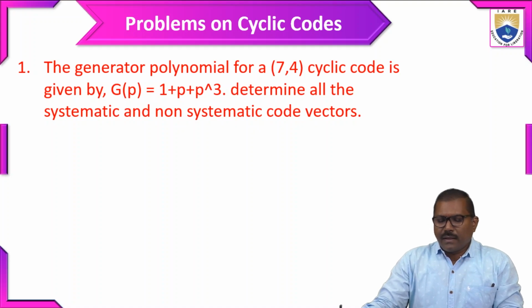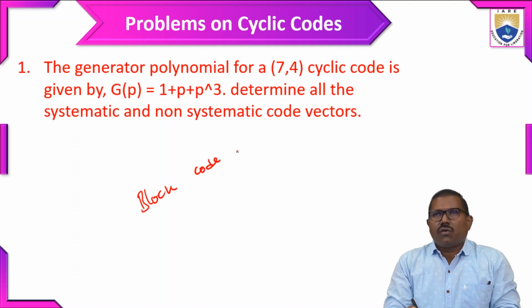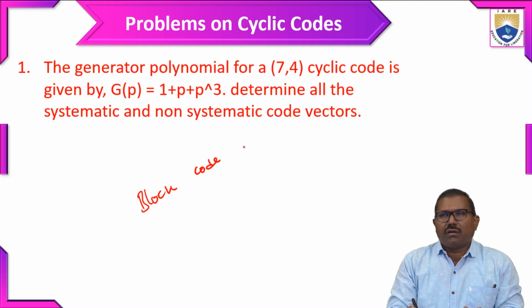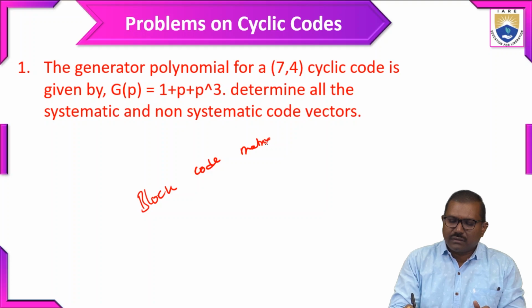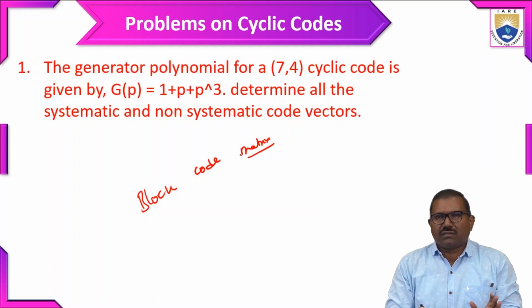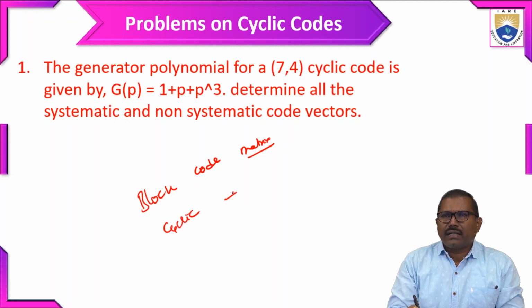Here, one thing: in a block code, the message and the generator are all in matrix form. So that's why it is in blocks. Whereas in a cyclic code, we use polynomials.